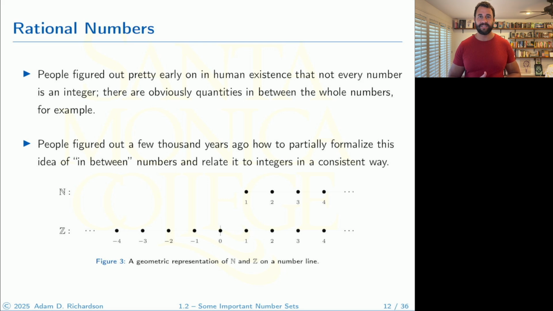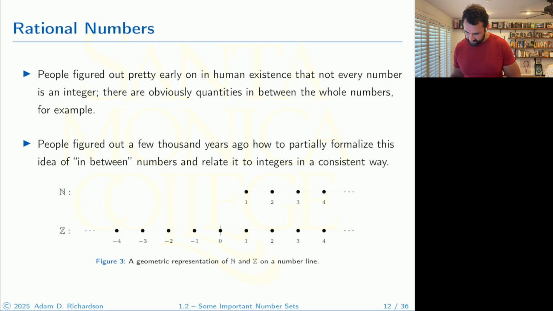You can cut things into pieces that are not whole numbers. People figured out a few thousand years ago how to at least partially formalize this idea of in-between numbers and how to relate it to integers in a consistent way. Because if we want to talk about a number between 4 and 5, how can we make sense of that? How can we explain it?